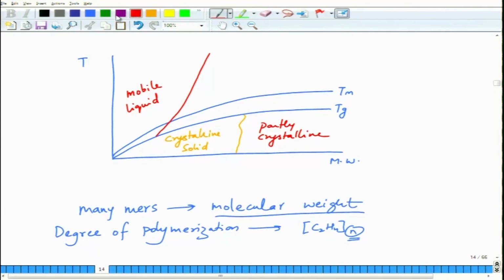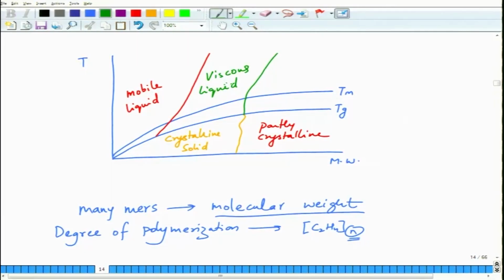At a higher range, somewhere in this range, it makes a viscous liquid, and that makes sense because if you increase the molecular weight, it becomes more and more difficult for chains to move.